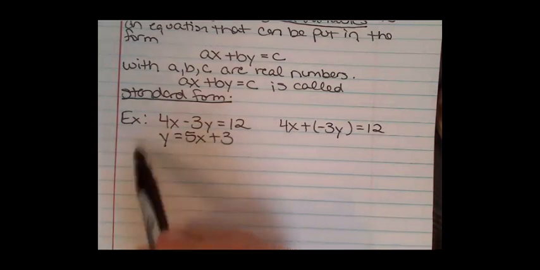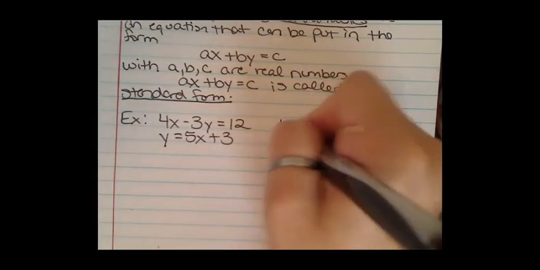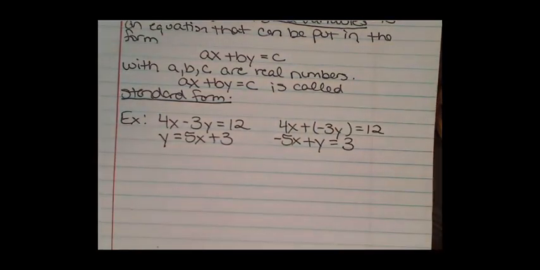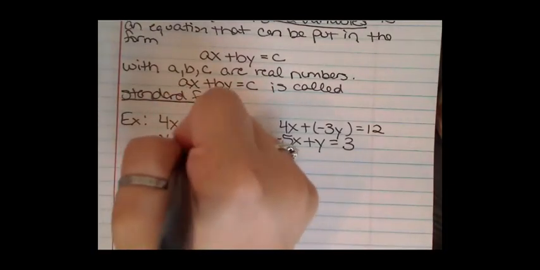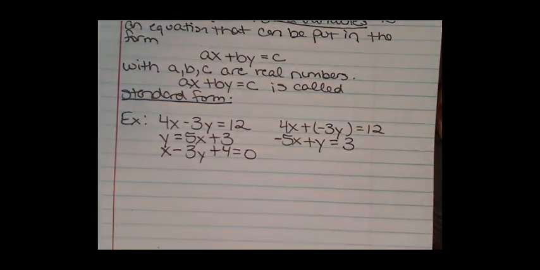We could write this as negative 5x plus y equals 3. So if you can manipulate the equation around to look like ax plus by equals c, then you still have it. The last example is x minus 3y plus 4 equals 0. All of these are examples of linear equations with two variables.